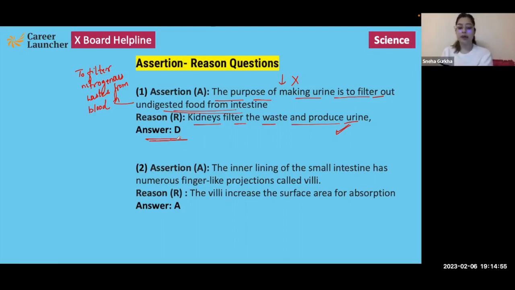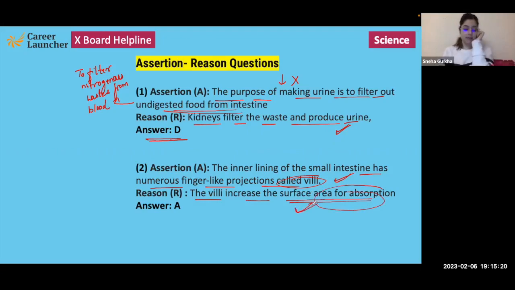Let's have a look at another question. Assertion says the inner lining of the small intestine has numerous finger-like projections called villi. Yes, this statement is absolutely true. The next part, or reason, says villi increase the surface area for absorption.